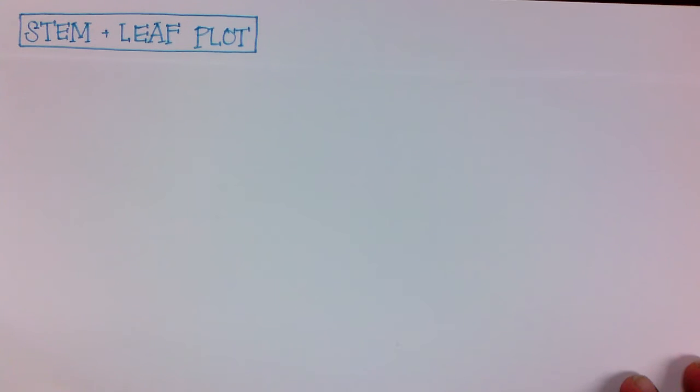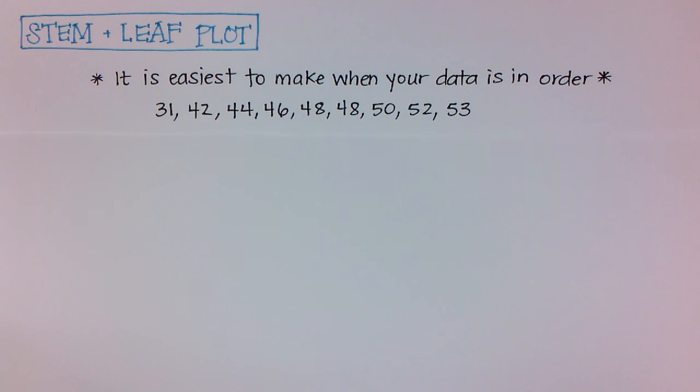All right. The next way that I'm going to ask you to represent data is by making a stem and leaf plot. So I'm not sure if you've done this before, but when we make a stem and leaf plot, I just find it easiest to put all of your data points in order. So you already have this on your paper because you just lined them all up when you found the median.